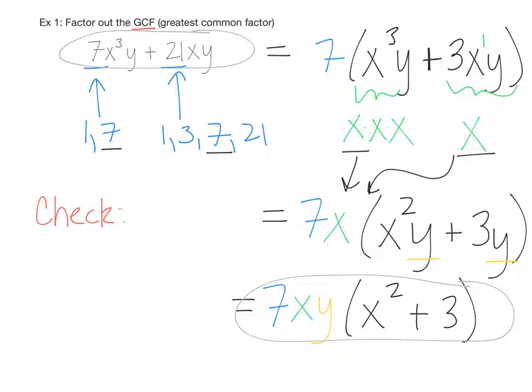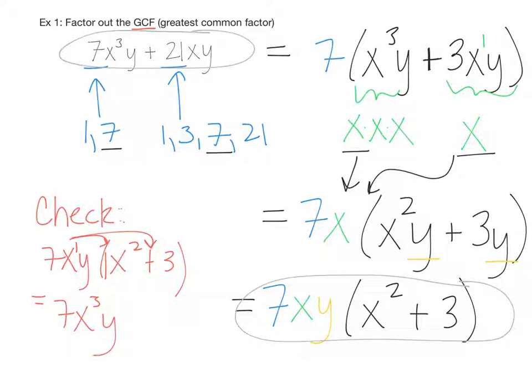And we're going to see if when we multiply 7xy times x squared plus 3, we get our original problem. So really, the only way we can do this is through distributive, since we don't have two binomials for FOIL. So we know 7 times 1, 7, x to the first times x squared gives us x to the third, and then we have the y on the end, or y to the first.